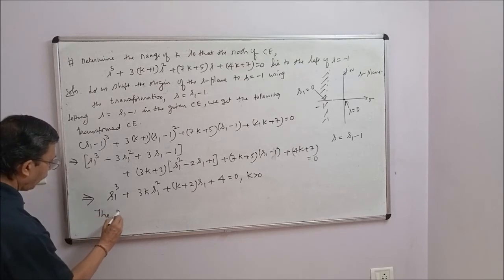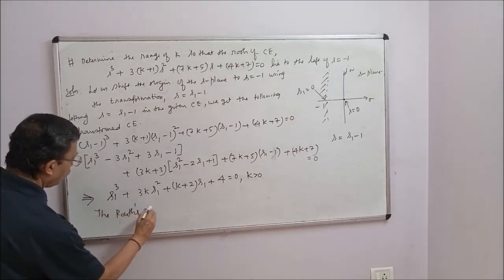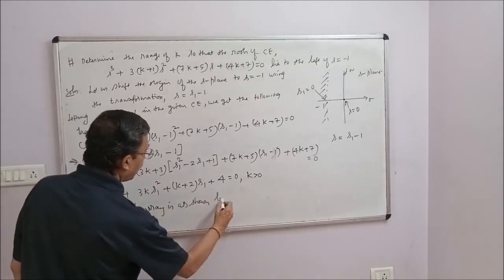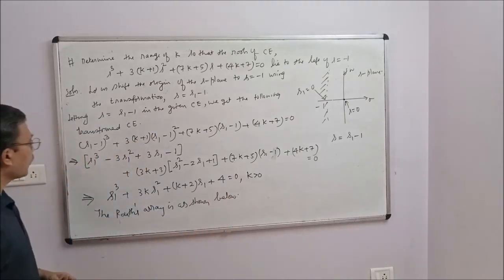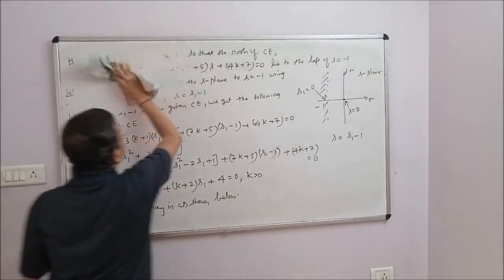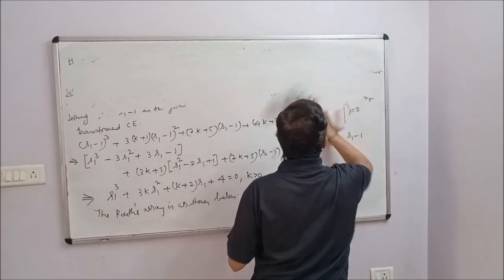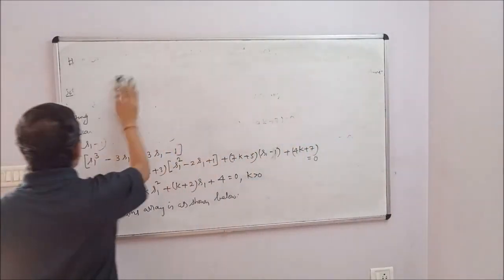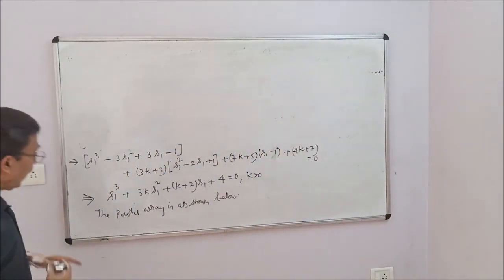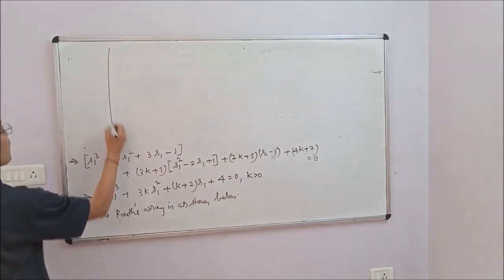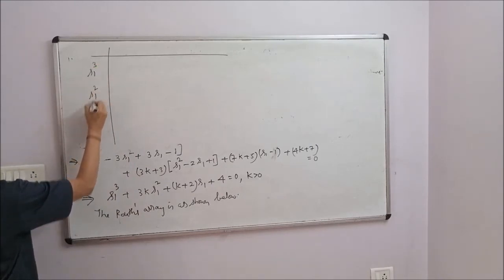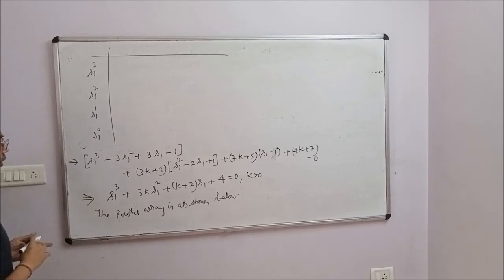The roots array is as shown below. S1 cube, s1 square, s1 to the power 1, s1 to the power 0.